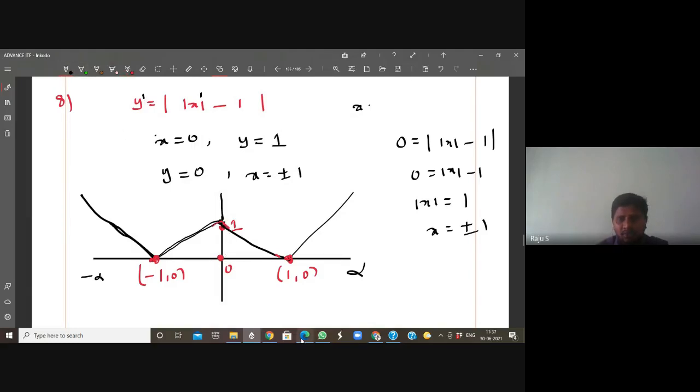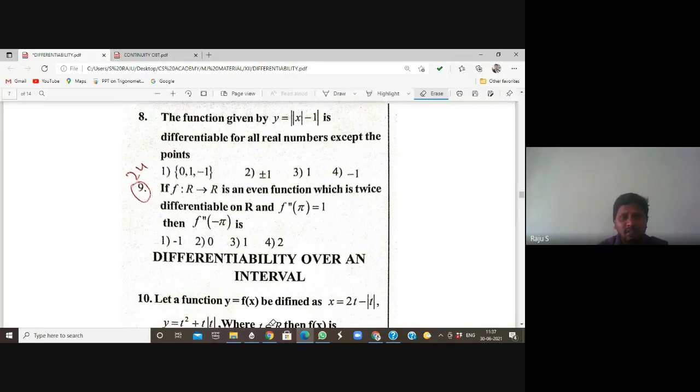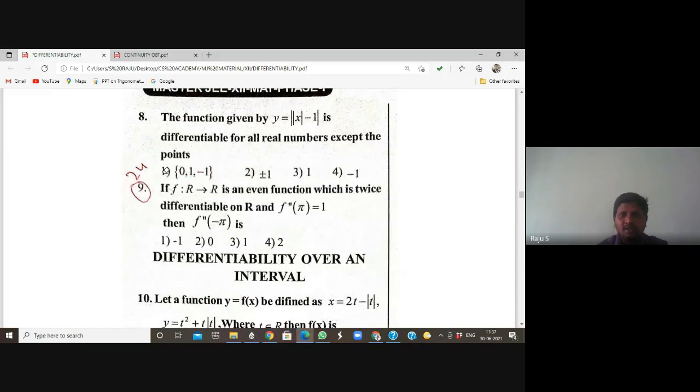What is the correct option, students, first option or second option? When x is equal to 0 also you are getting a sharp corner, no? So 3 points: 0, minus 1, plus 1. At 0 also the graph has a sharp corner. That's all.